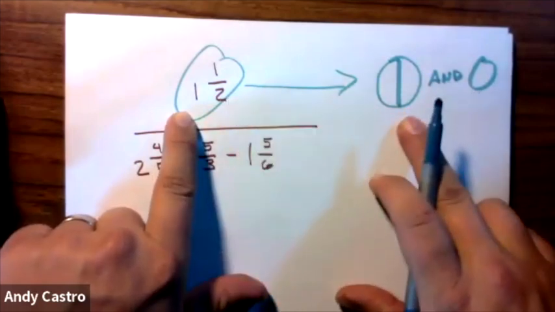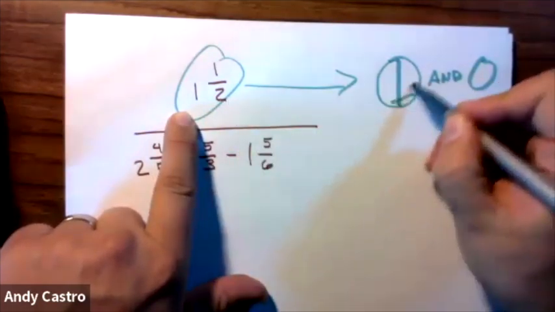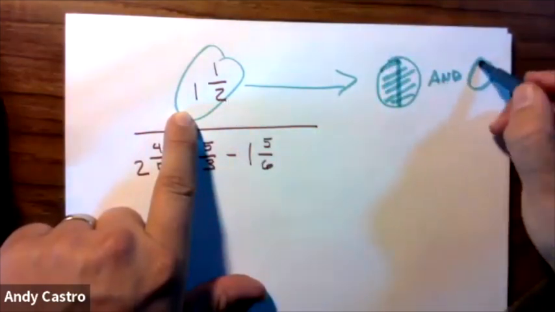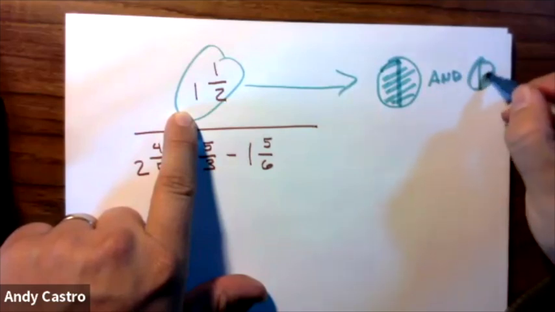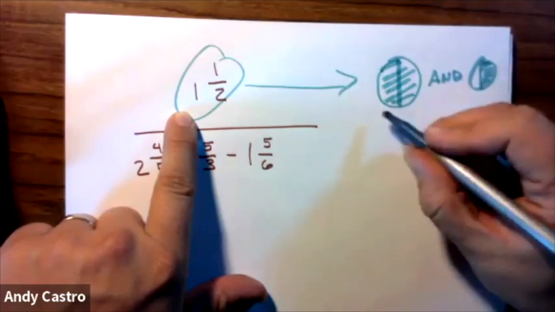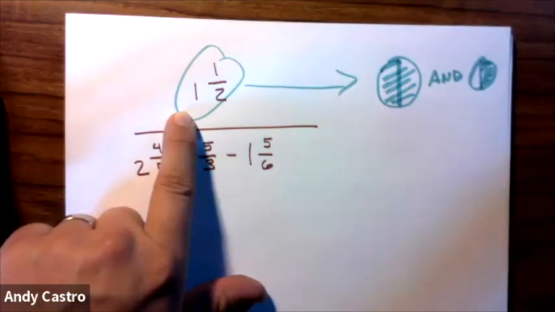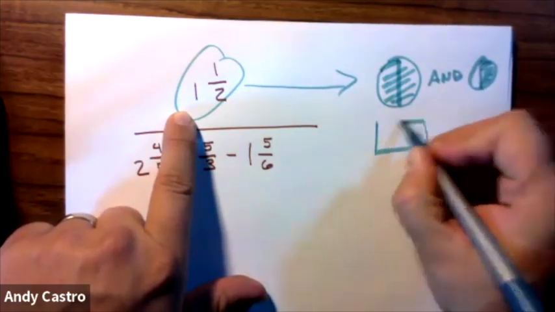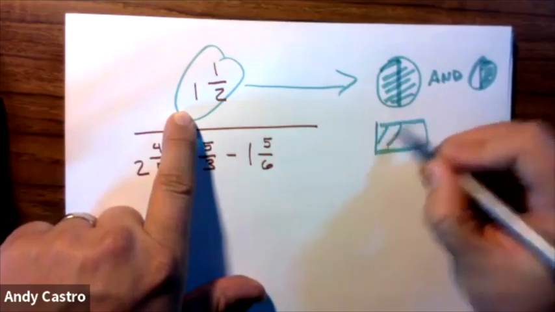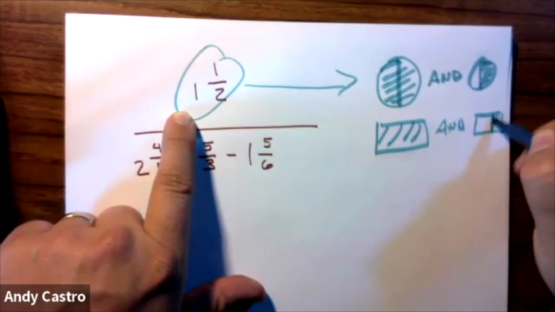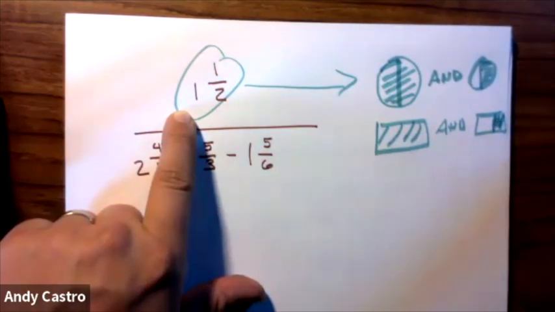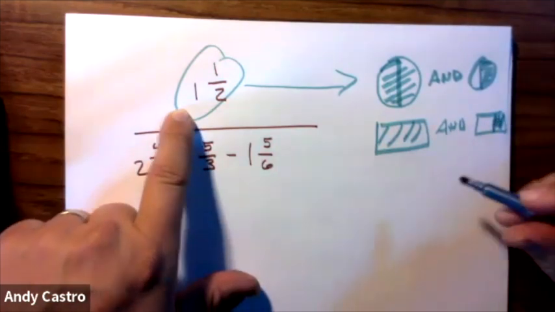So in this case, I have a whole circle and a circle of the same size, even though I didn't really draw it that way, half of the same type of unit. Okay, but it works with any type of unit. If you have a rectangle, you have 1 and 1/2 of the same size rectangle. Okay, that's what we mean.